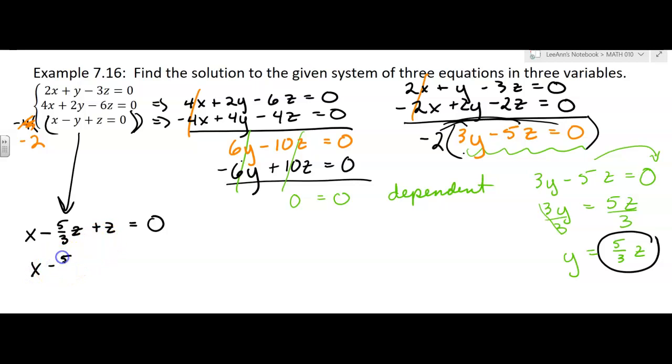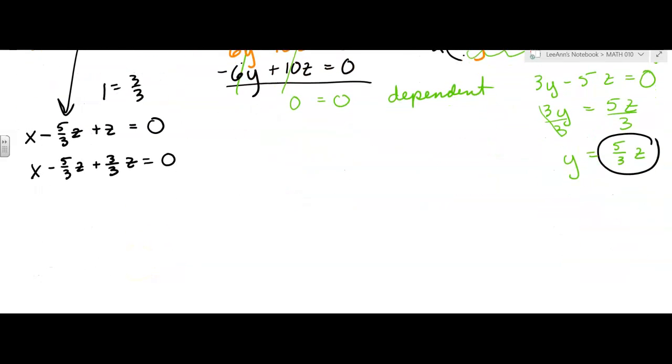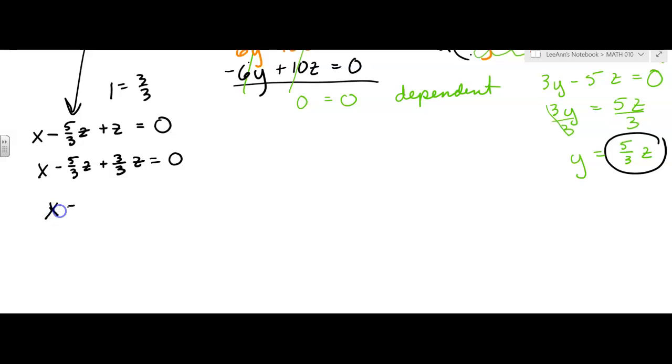So -5/3 z plus 3/3 z, because it was 1z, right? So a 1 is equal to 3/3. Okay. So I get x minus 2/3 z equals 0. So put the 2/3 z on the other side. X equals 2/3 z.